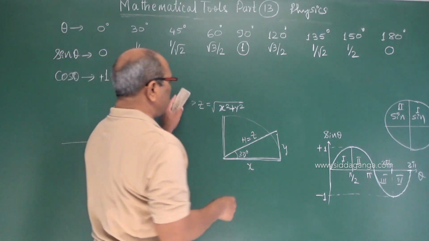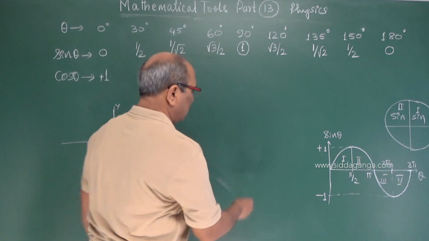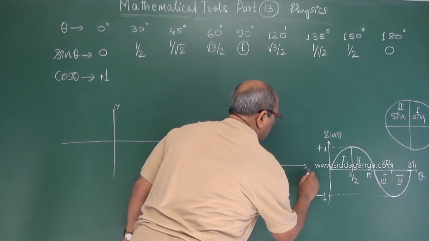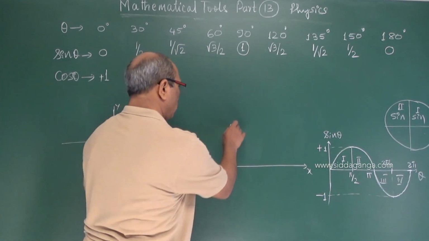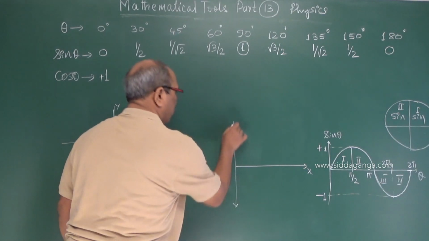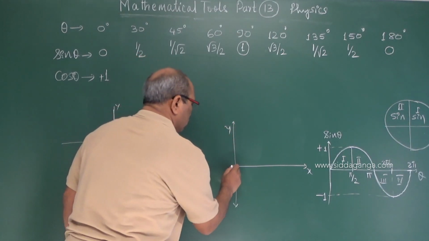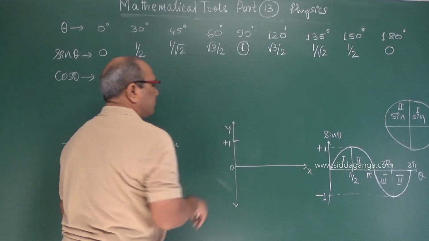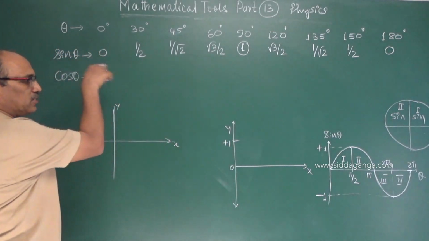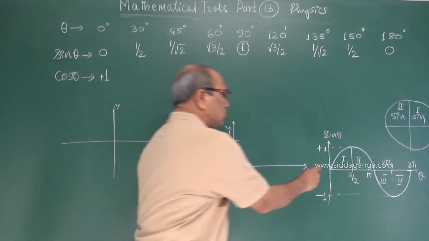That means if I draw the curve similarly for the cos function, x and y, it starts at 0, +1. The 0 degree value is +1. See here, it is 0, sine is 0.